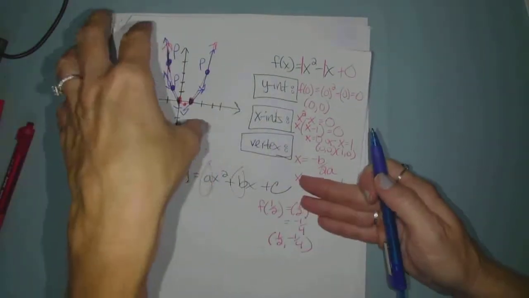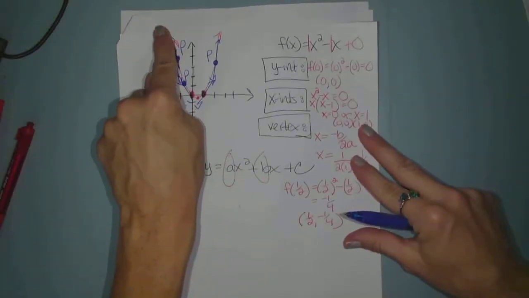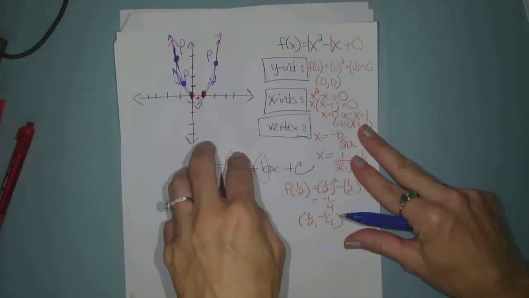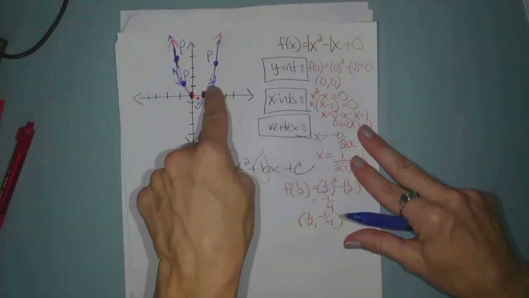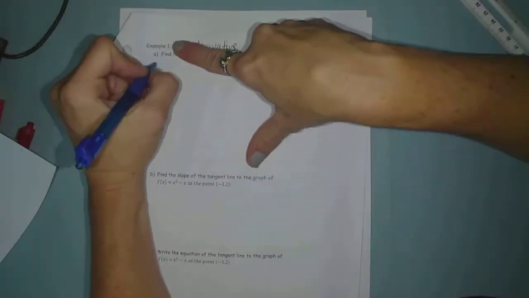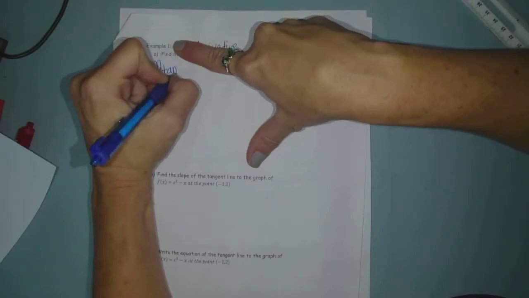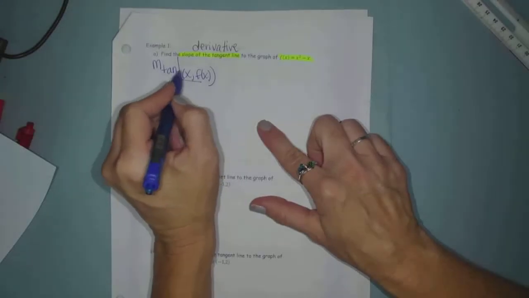This is what's different between linear functions and quadratics or any other curve. On anything that's not linear, the slope is going to vary as you move around it. That is why, when we do our formula, let's go back here now. When we have our formula, slope of the tangent at x, f of x, this is generic.